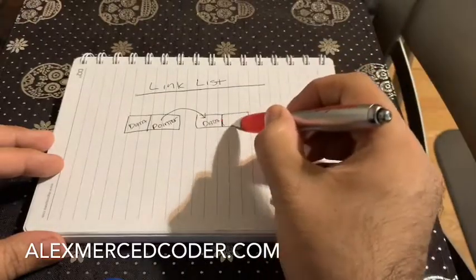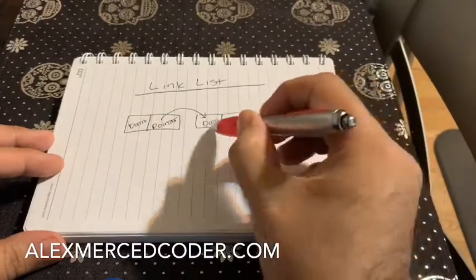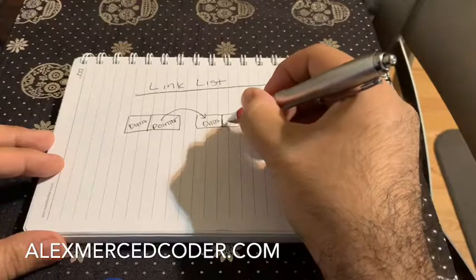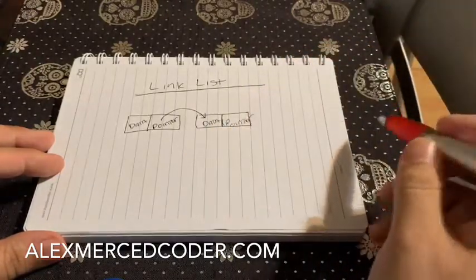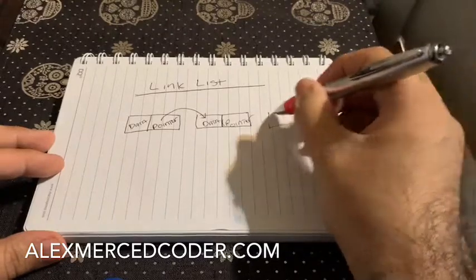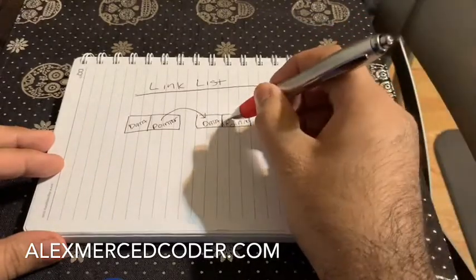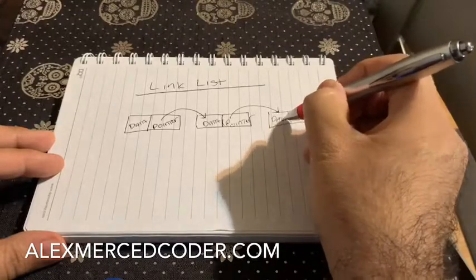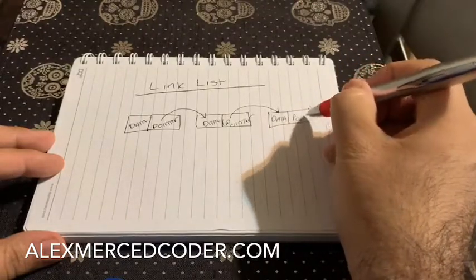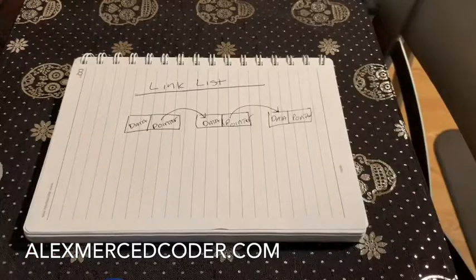And again, we're going to reserve two memory spots, so that we can have another pointer in the next box. As we keep adding more data points, all we do is take that pointer and point it to the next piece of data, and then the last one's pointer will just say null, telling the computer that this is where the linked list ends.